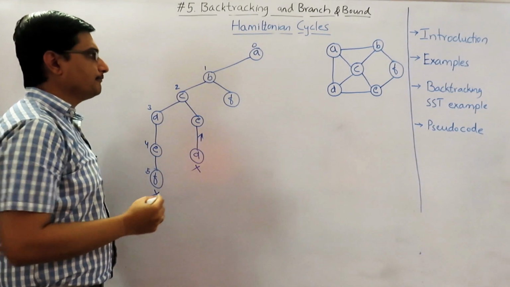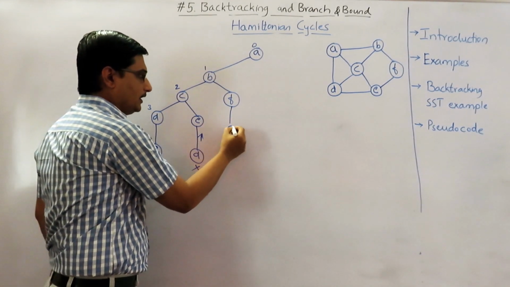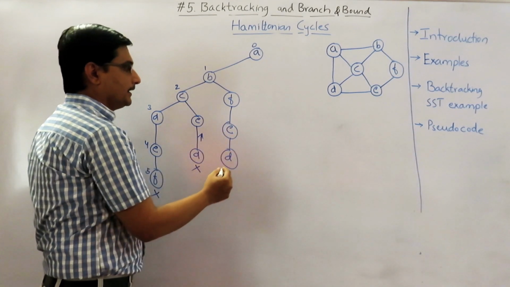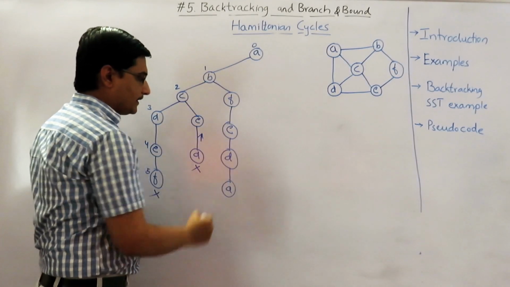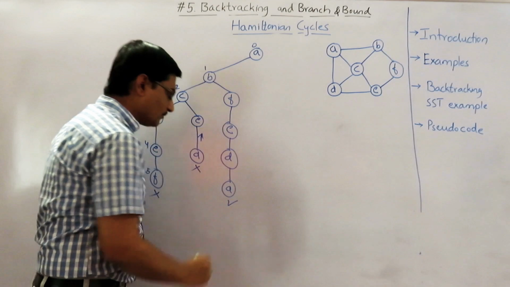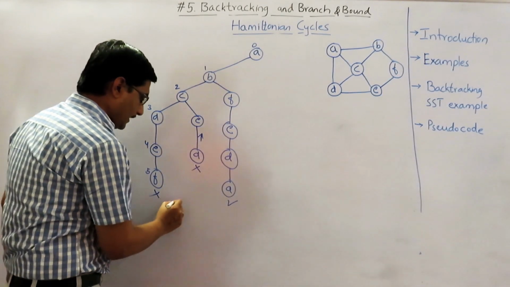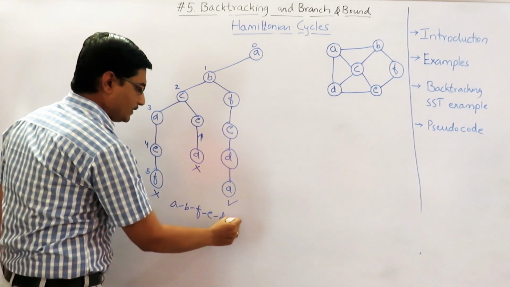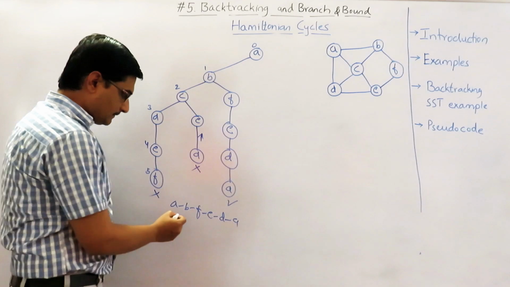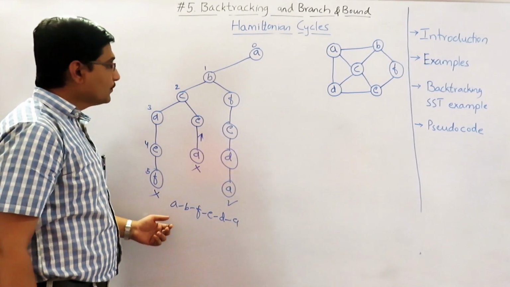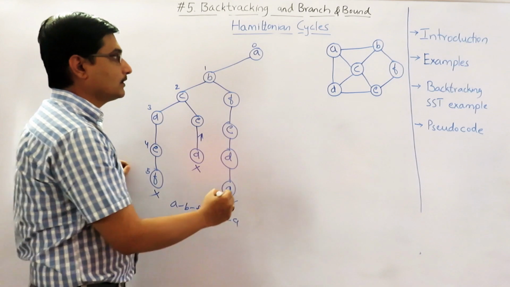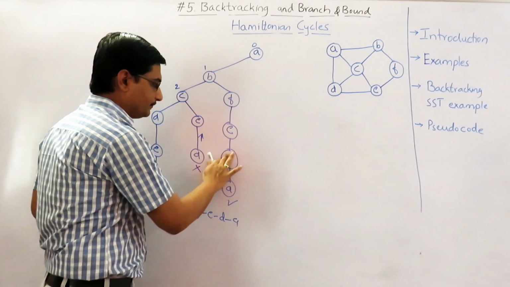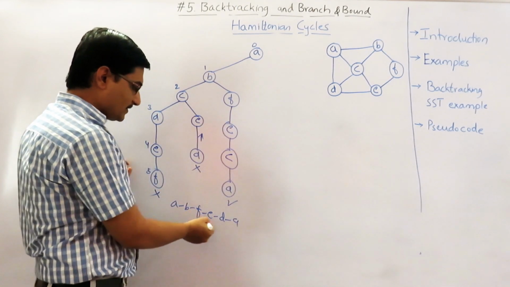From F we can come to E, from E to D, D to A. Yes, possible. This is one Hamiltonian cycle, that is A to B, B to F, F to E, E to D, D to A. All the vertices are, no, we have not visited all, so from E we need to go to C, because C is missing here.